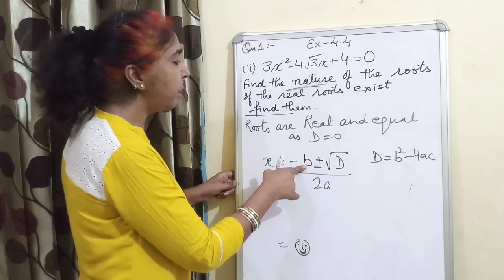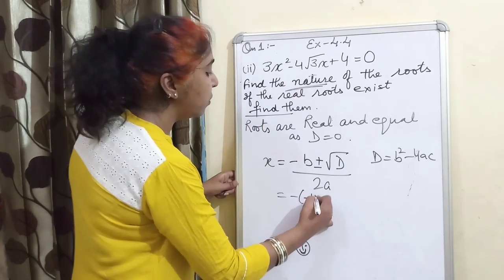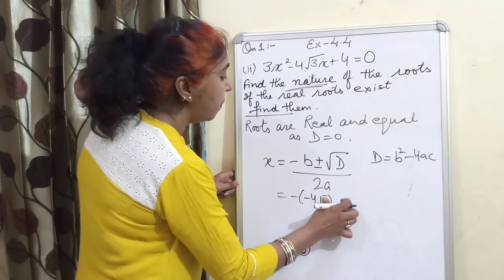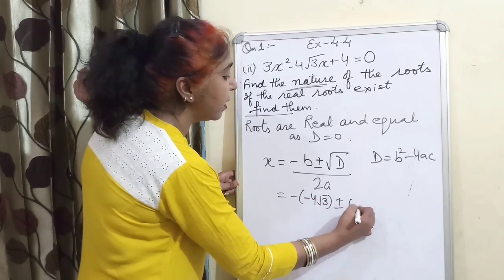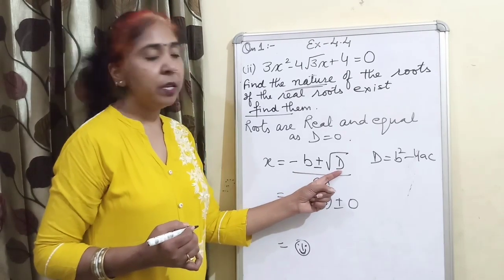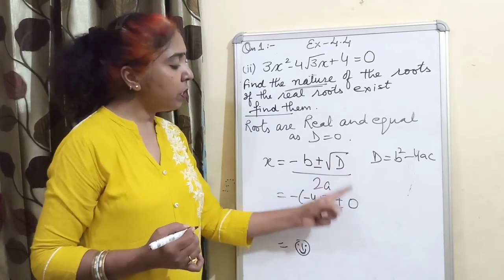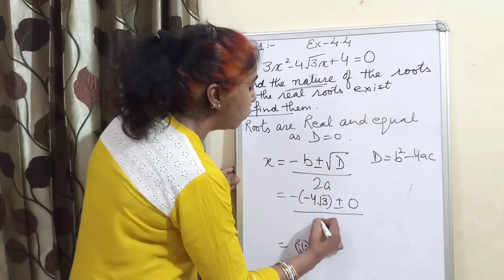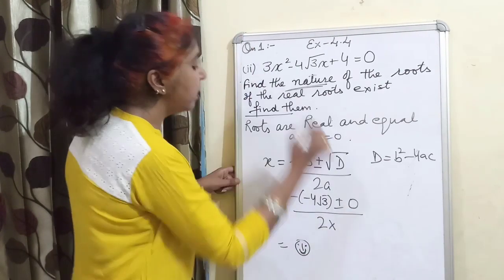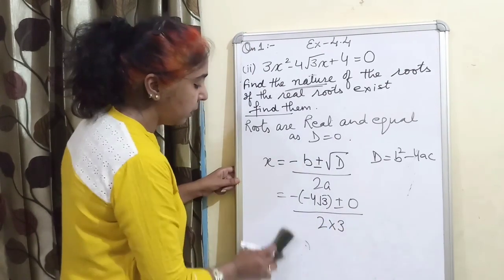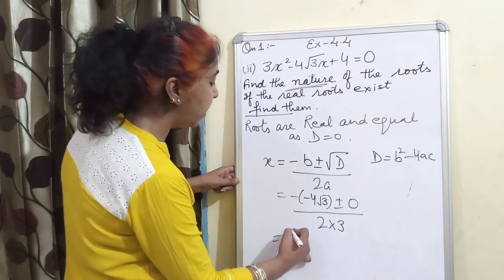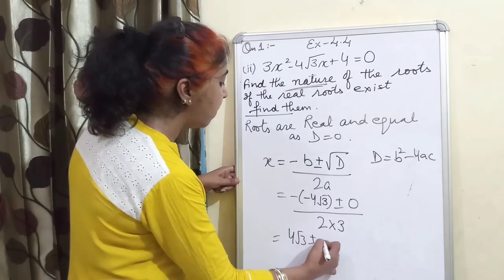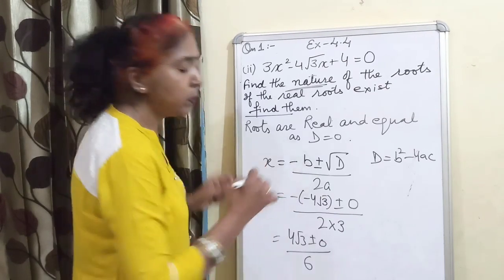Now minus b, b means minus 4 root 3, plus minus root 0, because the value of d was 0 and root 0 is 0, upon 2a, a means 3. So it will be 4 root 3 plus minus 0 upon 6.